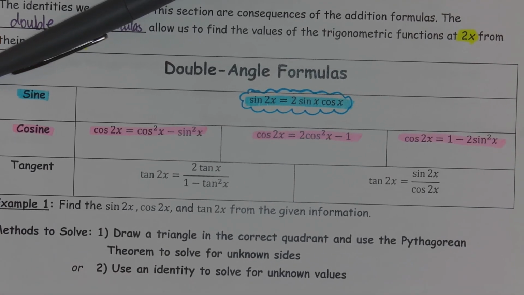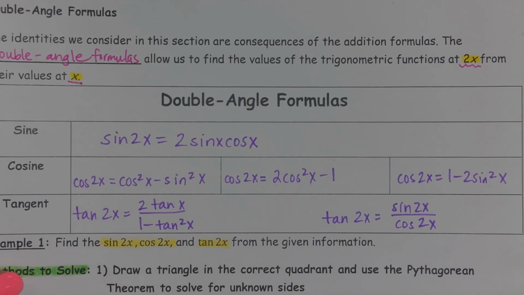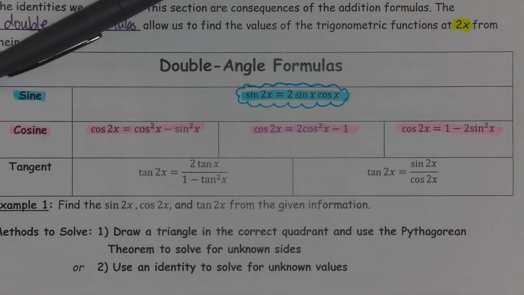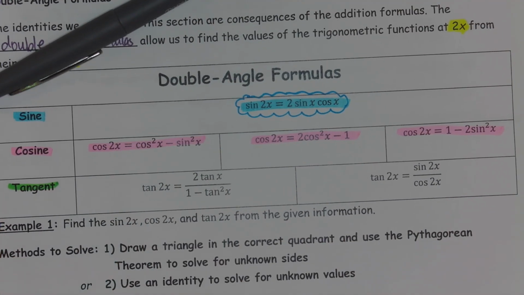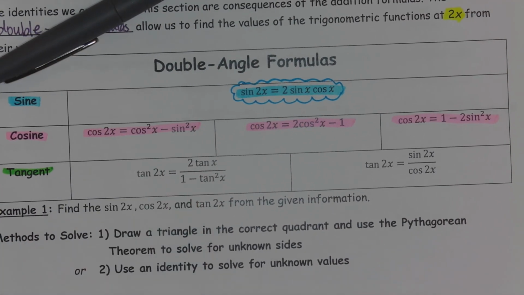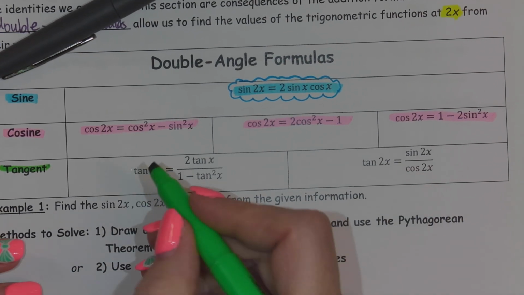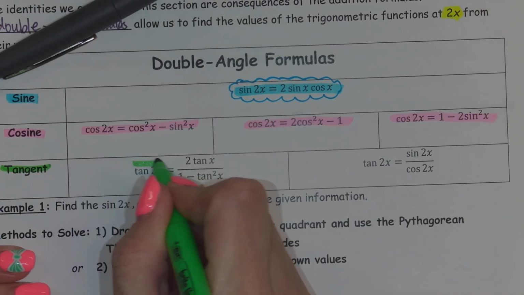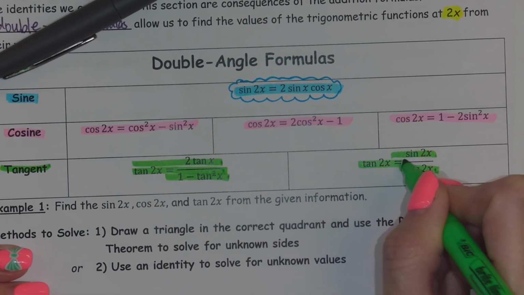Okay, and I did type those in for you because we're gonna write them in ourselves, but I said, nope, let's do some highlighting today. So your tangent, okay, can be this, and then another thing that you can use for a tangent is the sine of 2x over the cosine of 2x. Okay, so we're gonna go over all of those today.